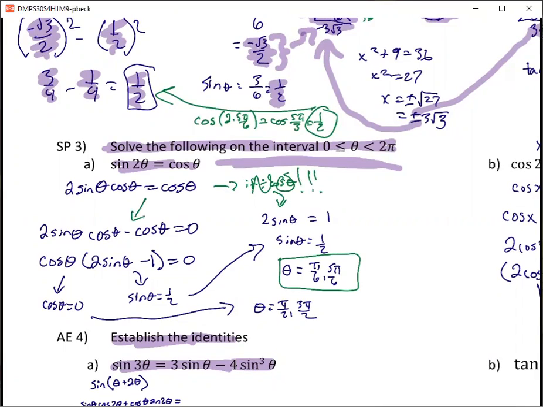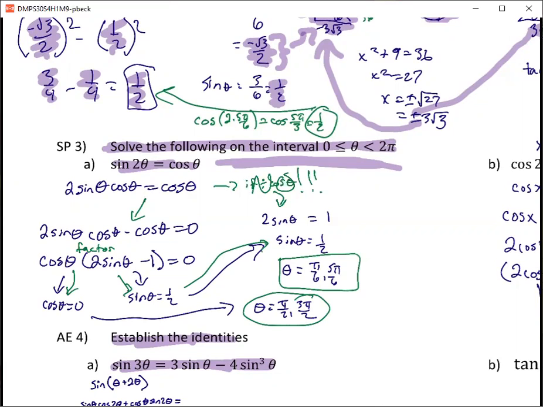Instead, subtract it over so we can factor out that cosine. By factoring out the cosine, we can set that cosine equal to 0, and we get sine equals 1/2, which, yes, is what we did over here, but that's what allows us to find our two additional solutions. So please don't ever just get rid of a solution, and getting rid of the solution would be dividing by the cosine.